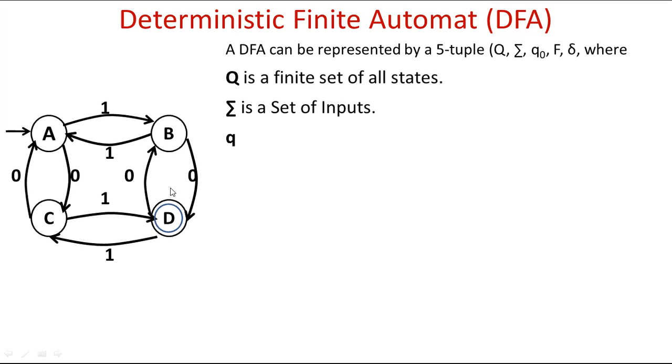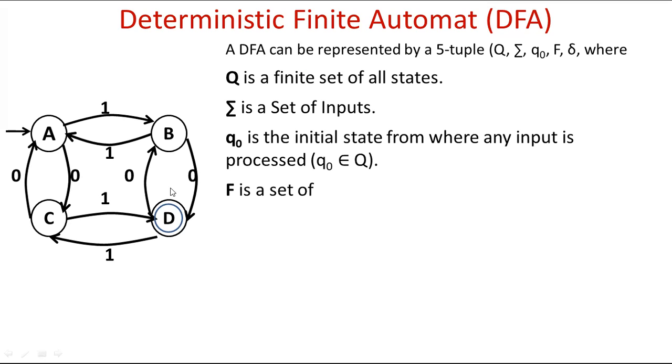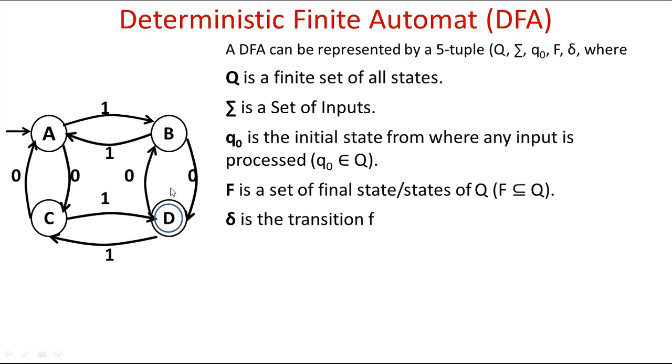Third, Q naught means the start state or the initial state. Fourth, F is the set of final states, which means we can have more than one final state. And the fifth one is delta, a transition function that maps from Q cross sigma to Q.